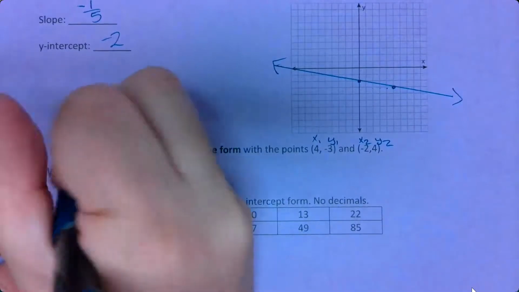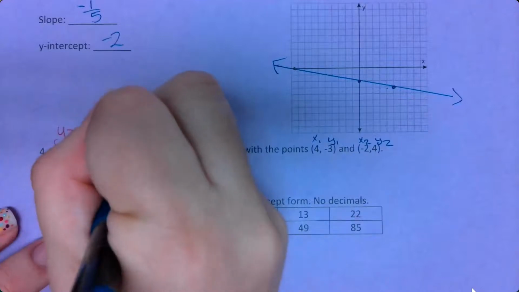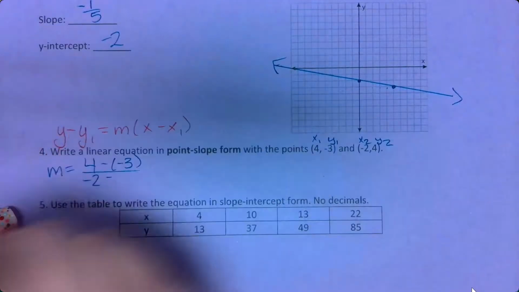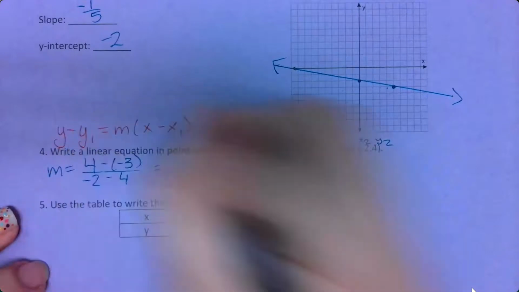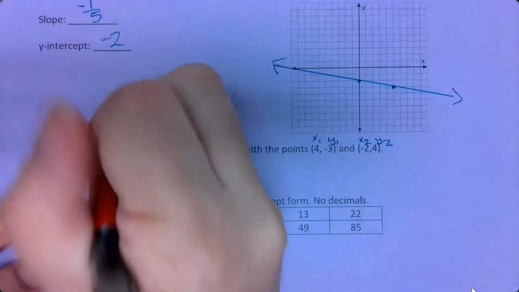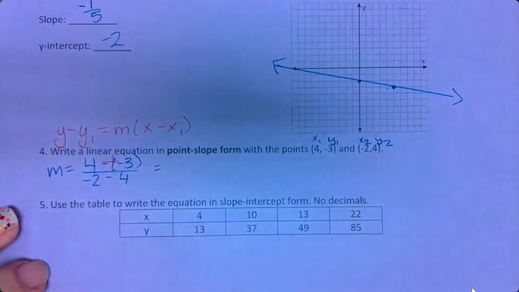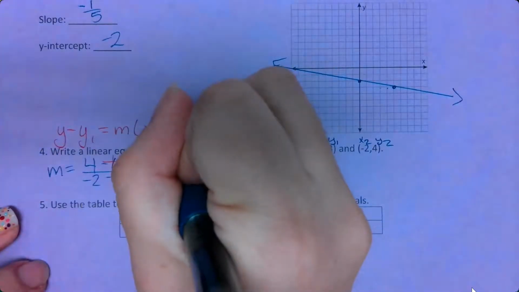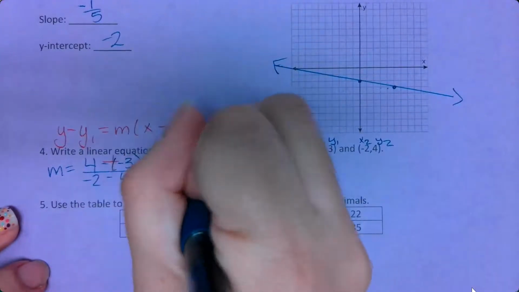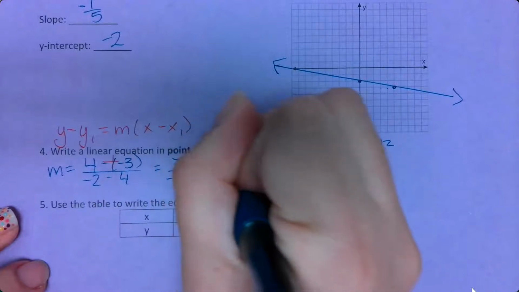So I have m equals 4 minus negative 3 over negative 2 minus 4. And I want to do the math. 4 minus negative 3 is the same thing as adding. So 4 plus 3 gives me 7. Negative 2 minus 4 gives me negative 6. So this whole fraction is negative 7/6.